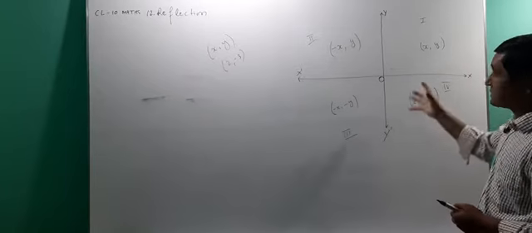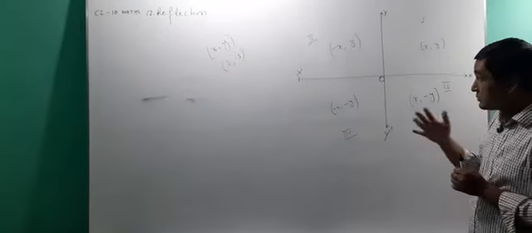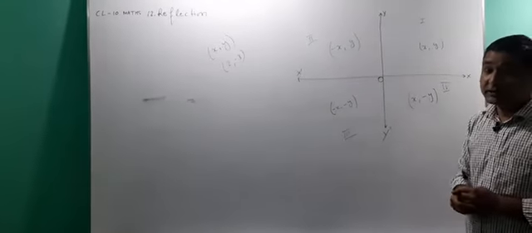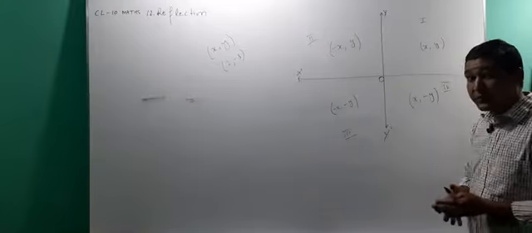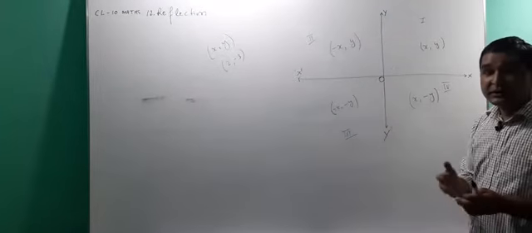Please remember this, okay? While writing the coordinate of the image, it helps you write the answer very fast. Otherwise, you have to draw the graph every time, then plot the points, then find the image. That takes lots of time.